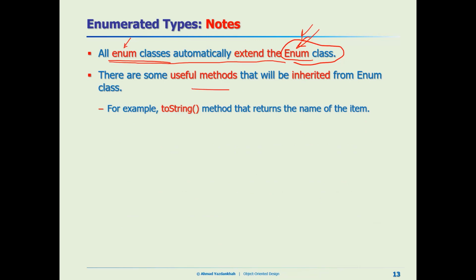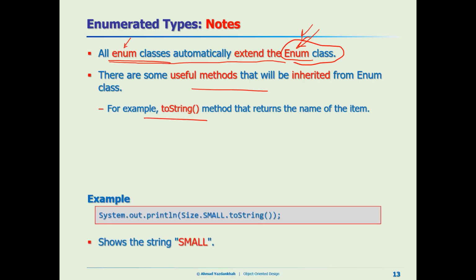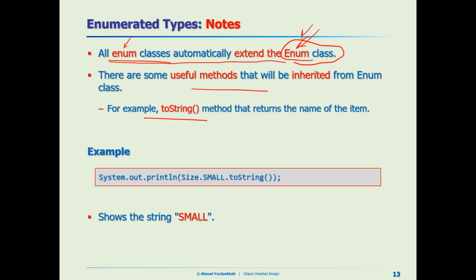Some methods and some other things. And one of them is toString. So let me take an example. Yeah, you see. So size is small dot toString. And also, you know that we can eliminate this toString.